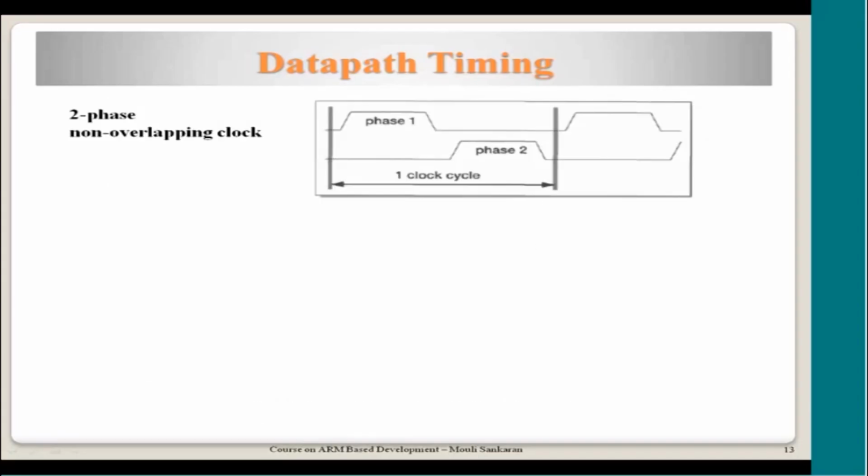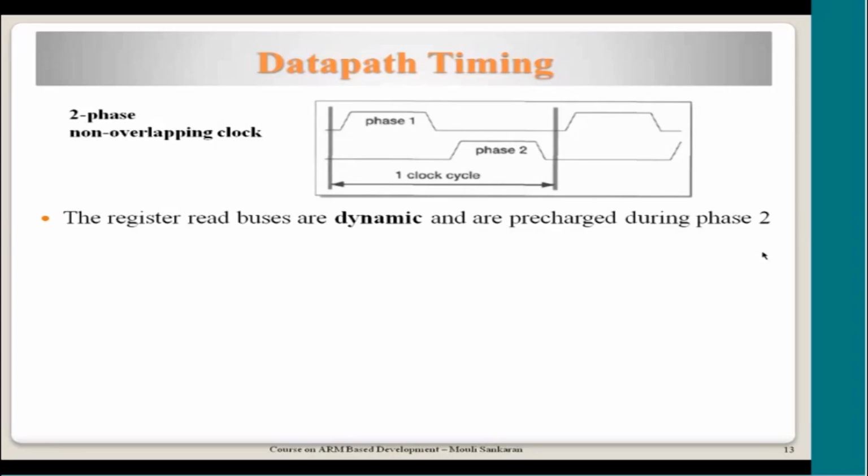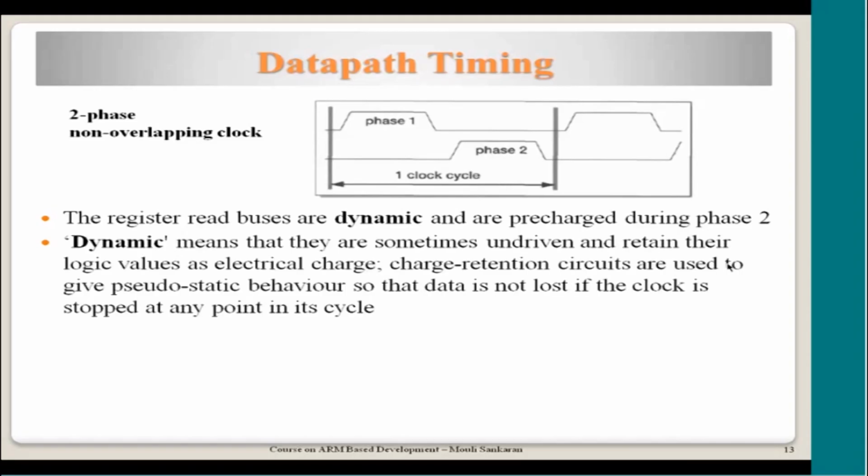Now a little bit of explanation here for your understanding. These register read buses are dynamic and they are pre-charged during phase 2. What I mean by pre-charged is that the buses which connect the ALU and the register file are of a special nature and they are called dynamic because the buses get pre-charged, and then when a particular register is driving them, based on the register content, either 0 or 1, the pre-charged bus gets discharged wherever the zeros are, and then the result gets latched at the beginning of the next clock.